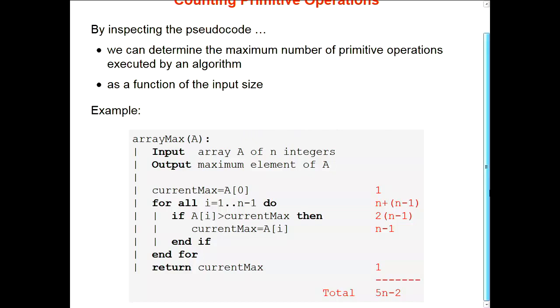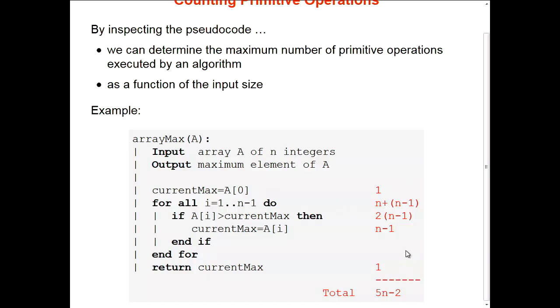Let's see what we will end up with if we look at that very simple algorithm that I used to illustrate pseudocode in general, namely finding the maximum in an array of integers. This was the algorithm, and in particular we have said the input consists of an array of n integers, and I now want to count how many primitive operations are needed to execute this algorithm based on n, the number of integers that I get.